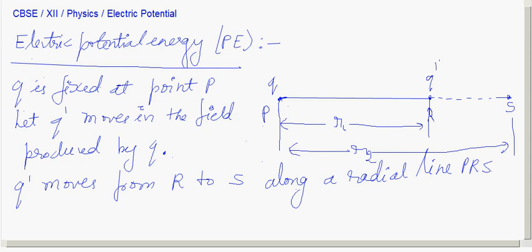R1 is the distance between points P and R, and R2 is the distance between points P and S.